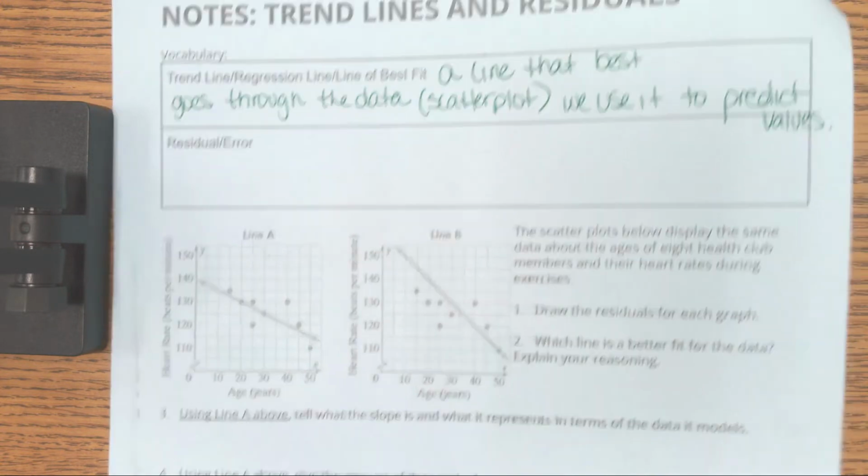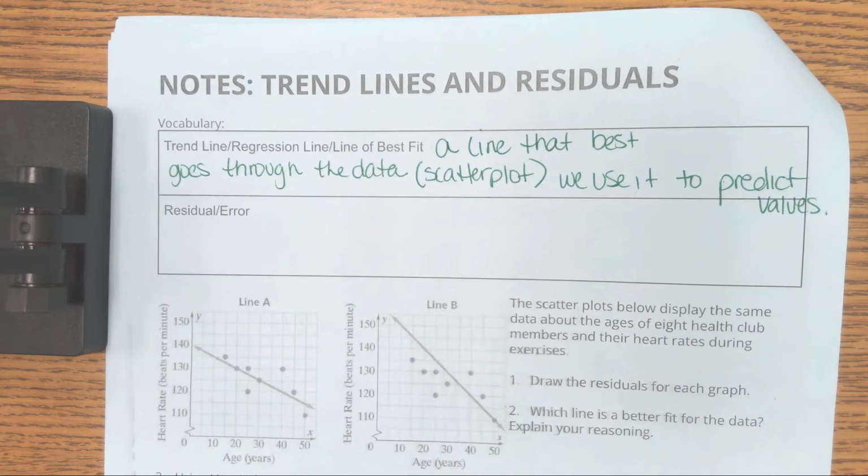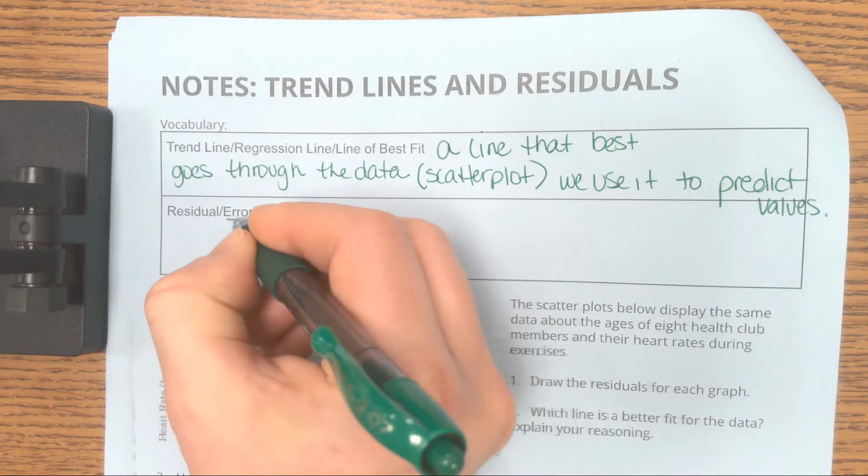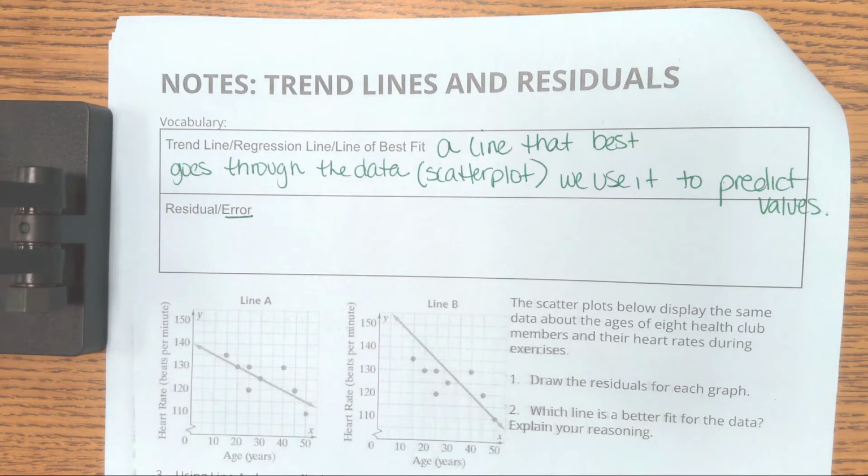One way that we tell if a trend line is good or not is we use the residuals, and that is a new vocab word that you probably don't know what it means. But it's really pretty easy, and we're going to use approximates. All a residual is, or an error, is it tells me how far off the point is from the line.